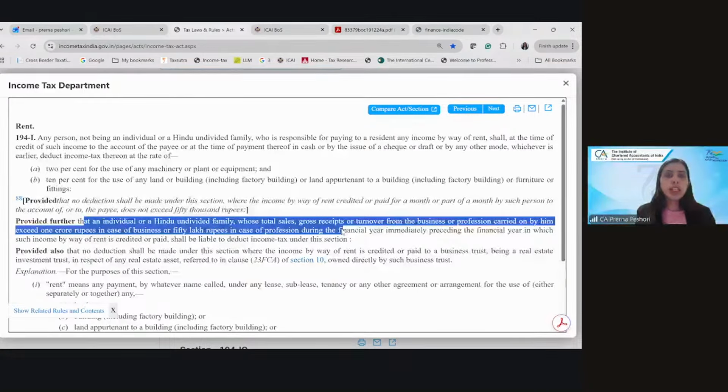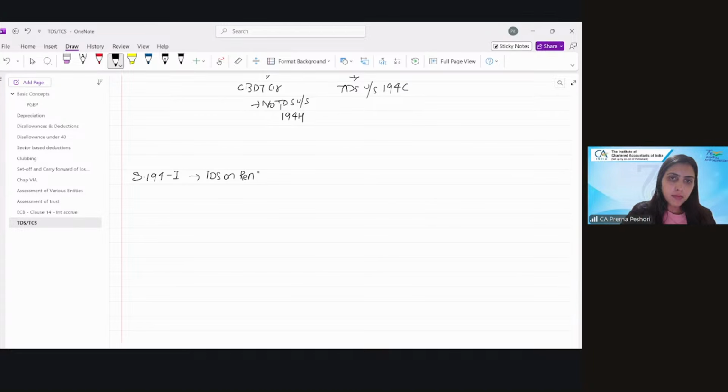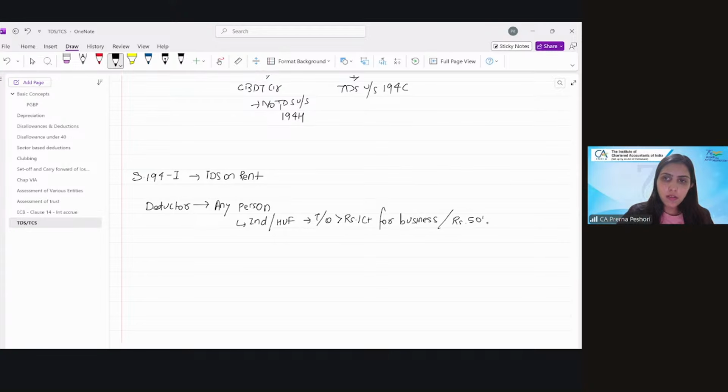So, who is the payer in our case now? My deductor is any person, for individual or HUF turnover greater than 1 crore for business or for profession.